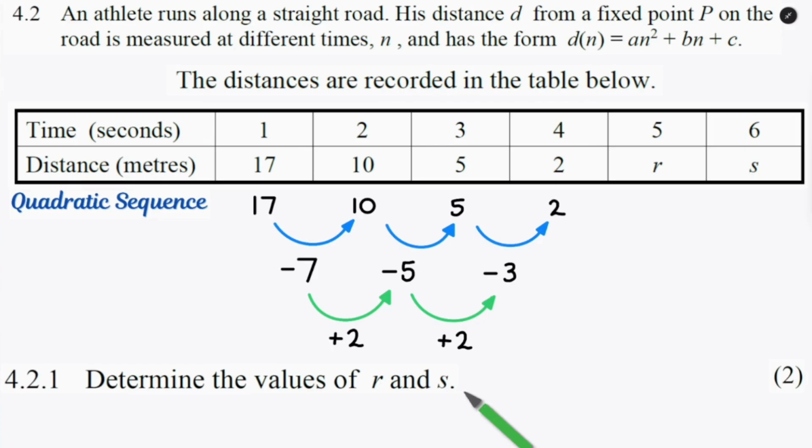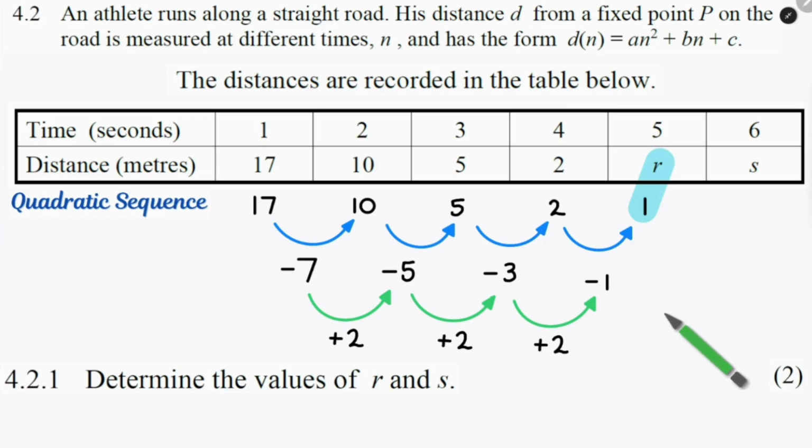So we're going to use that to get r and s. So we've got to start at the bottom. So with that minus 3, I add 2, and I get minus 1. So to go from here to here, I need 2 minus 1. So 2 minus 1 will give me 1 as r. Then we start at the bottom. We're going to add 2: minus 1 plus 2 gives me positive 1.